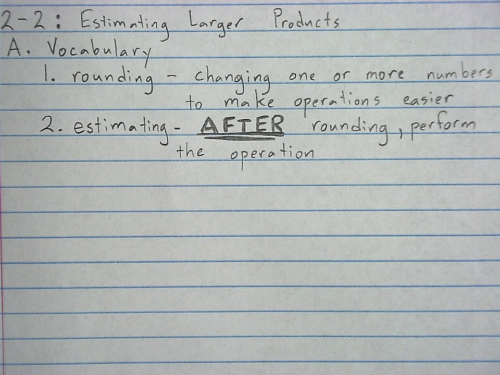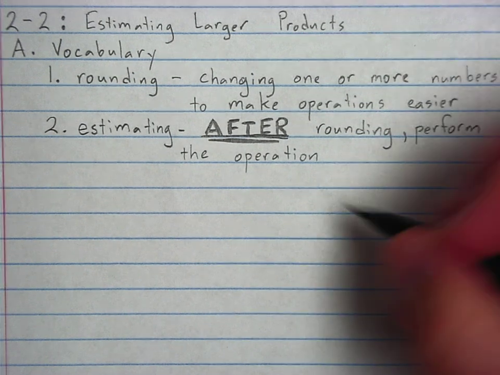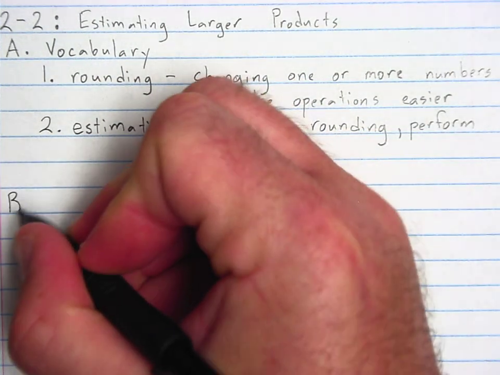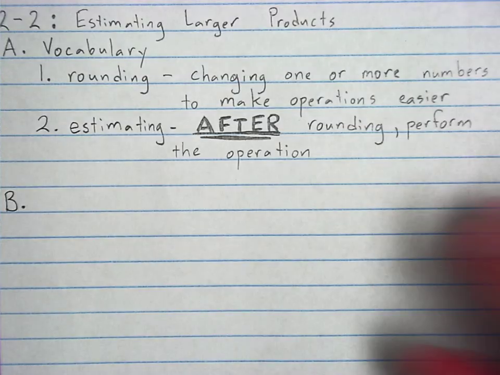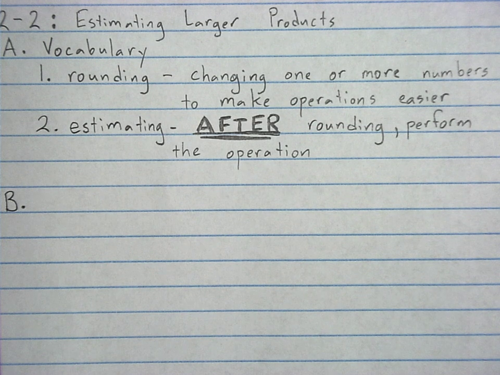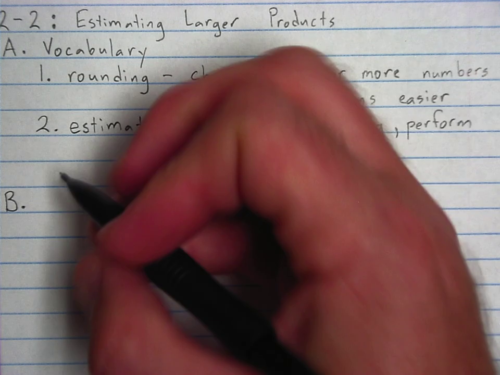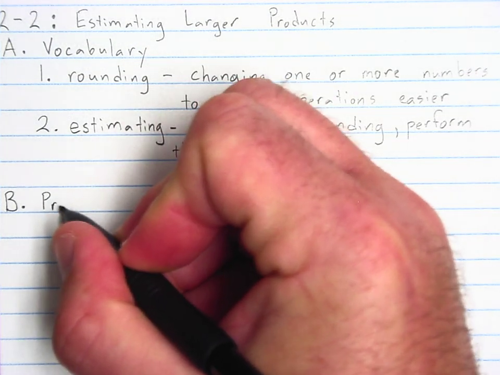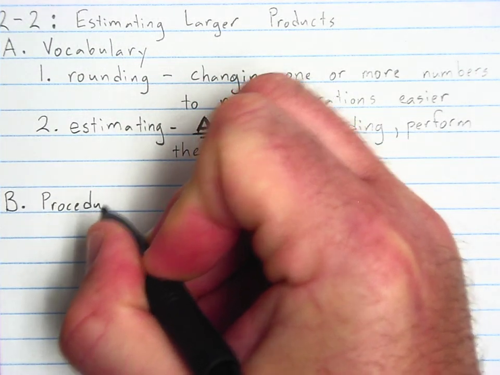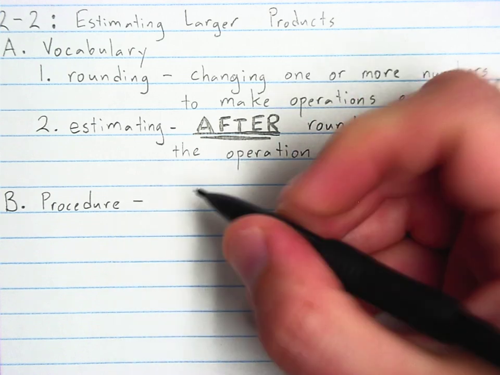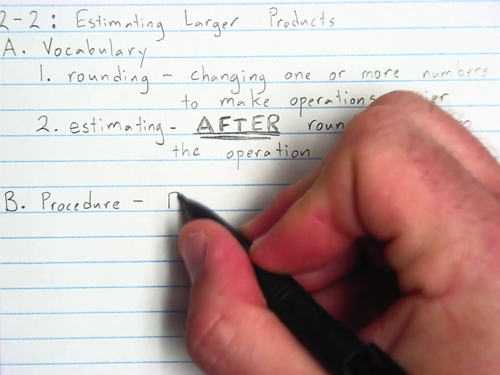Okay, again, nothing particularly new there. This next section is not going to be particularly new either. But I do want to make sure I run through it with you. There are a few different ways to estimate, but we're just going to focus on one right now. So this procedure, this process, is just going to be regular rounding.